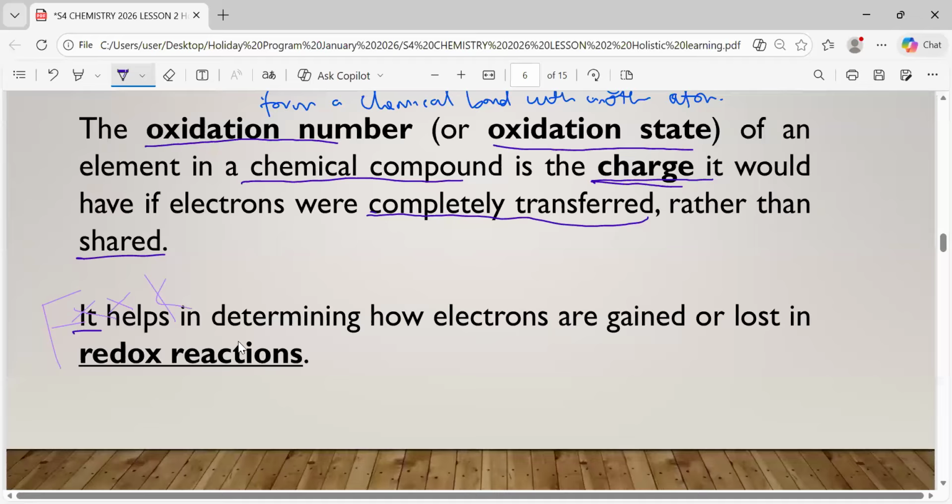They are referring to the oxidation number or the oxidation state. So if you know the oxidation state of an element, it helps us in determining how electrons are gained or lost in a redox reaction.